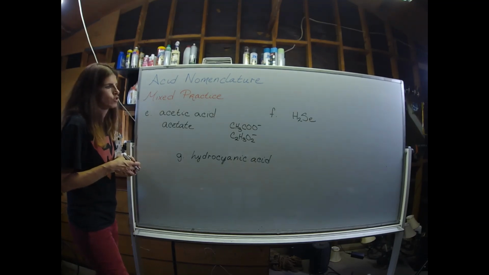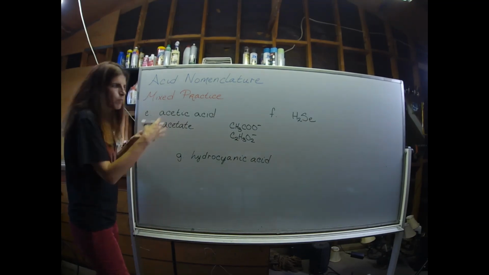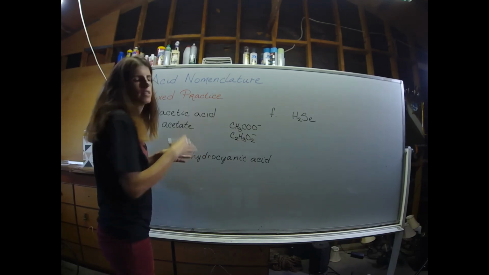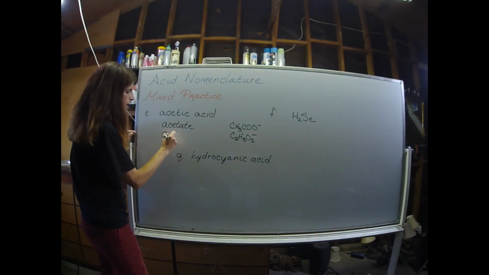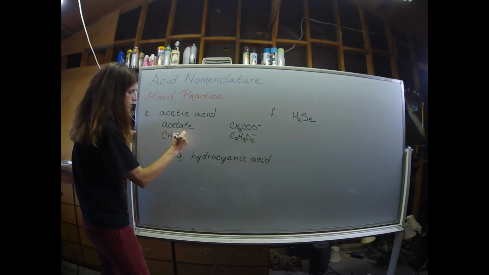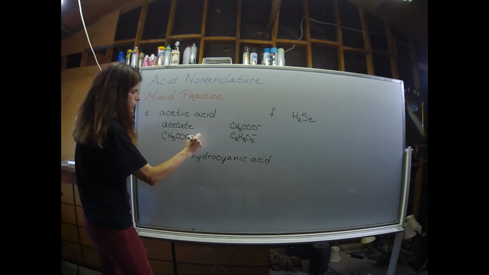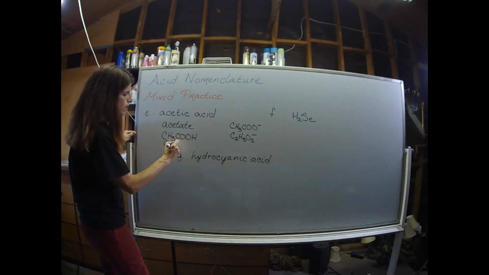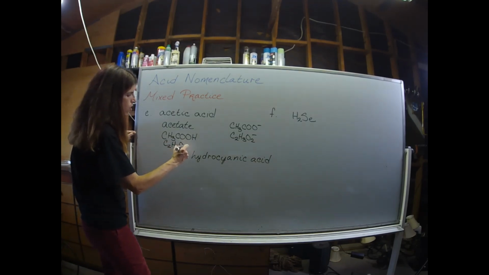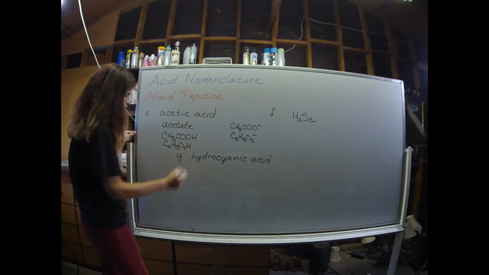Here's where it gets a little bit tricky. There's a bunch of hydrogens in acetic acid. So the formula is CH3COOH, or if you're writing it the other way, C2H3O2H.